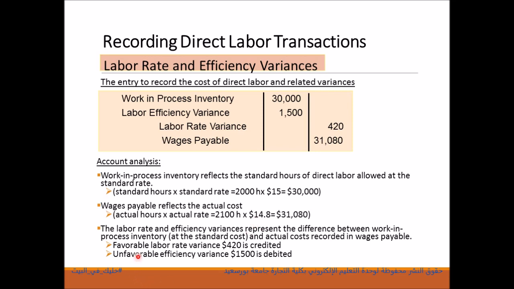According to our previous calculations, labor rate variance is favorable, $420 favorable labor rate variance, which is credited, and efficiency variance is unfavorable, $1,500 unfavorable efficiency variance, which is debited.